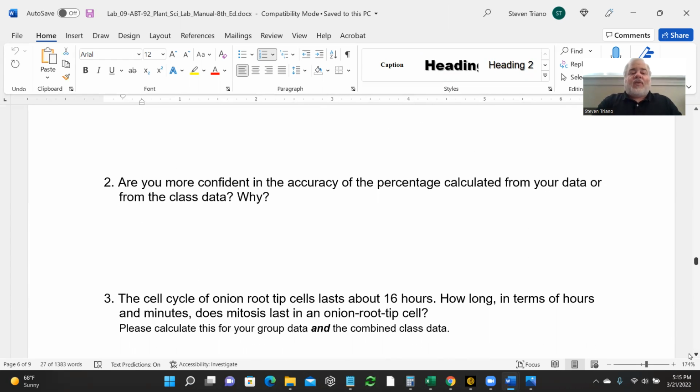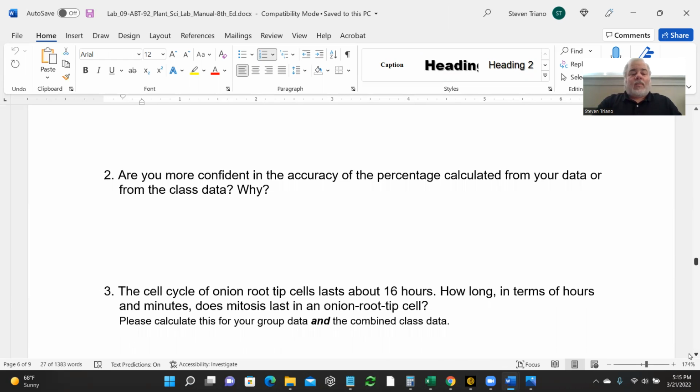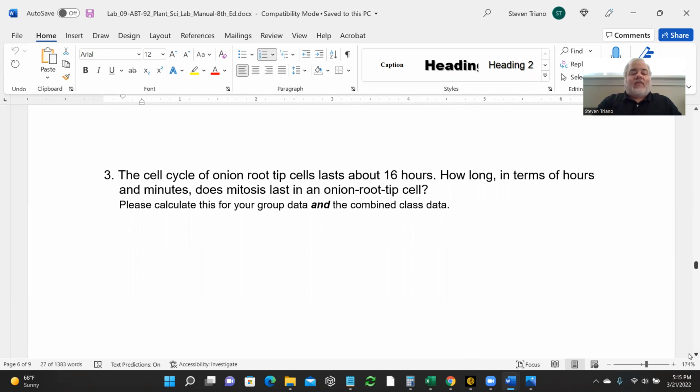Are you more confident in the accuracy of your percentage calculations based on your data or the class data? Which one do you think is better, a better estimate of the actual mitotic index? The cell cycle of the onion root tip lasts for about 16 hours, as we just learned.